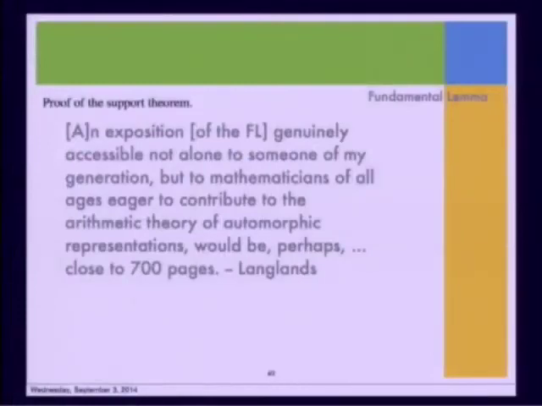This is Langlands again: an exposition of the fundamental lemma, generally accessible not alone to someone of my generation, but to mathematicians of all ages eager to contribute to the arithmetic theory of automorphic representations, would be close to 700 pages.